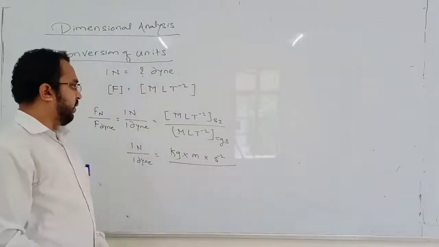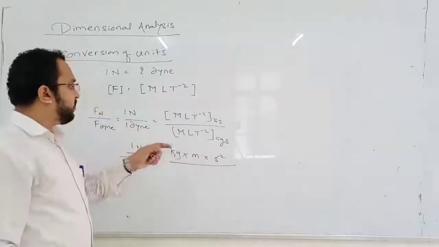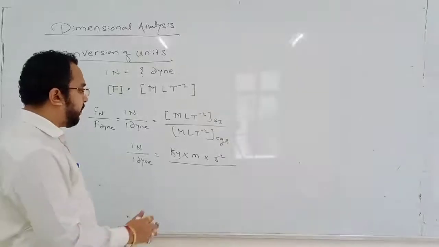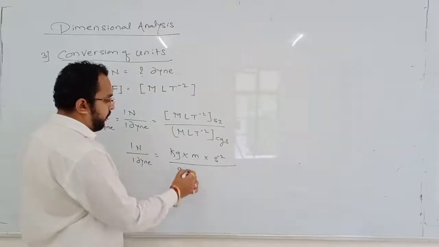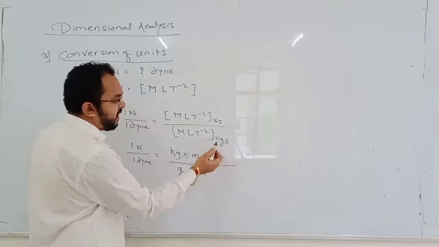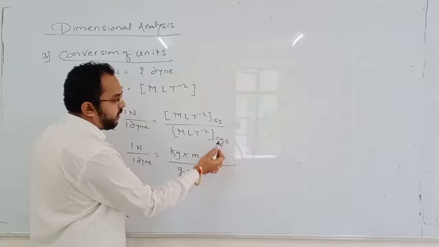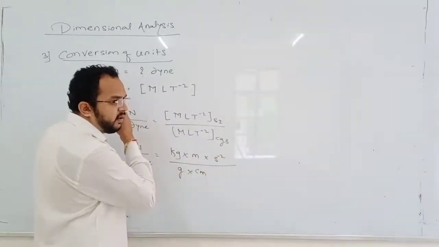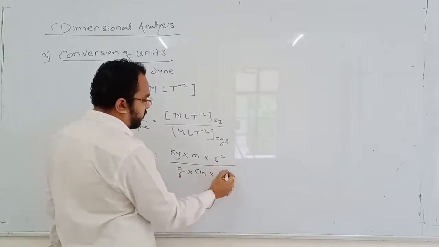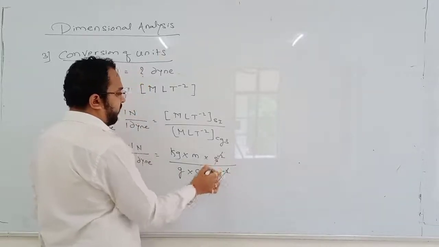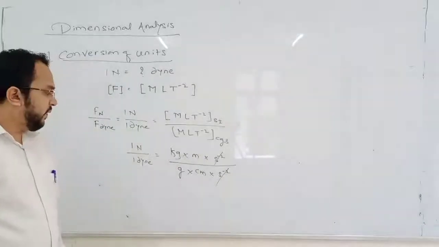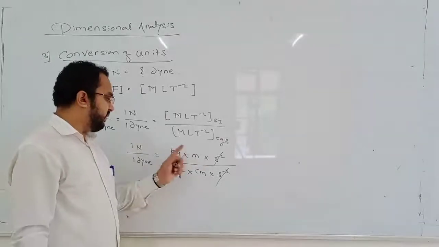Now here in CGS, what is the unit of mass? Gram. Length is centimeter. CGS itself says centi: centimeter, gram and second. So here also second. Okay, this second to the power minus 2 and second to the power minus 2 cancel each other because in both the systems unit of time is second. Now just we have to convert this.